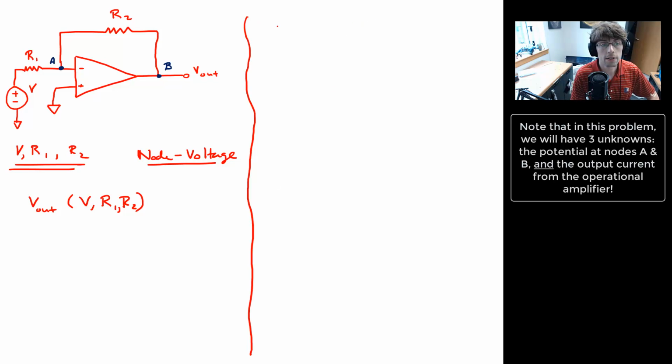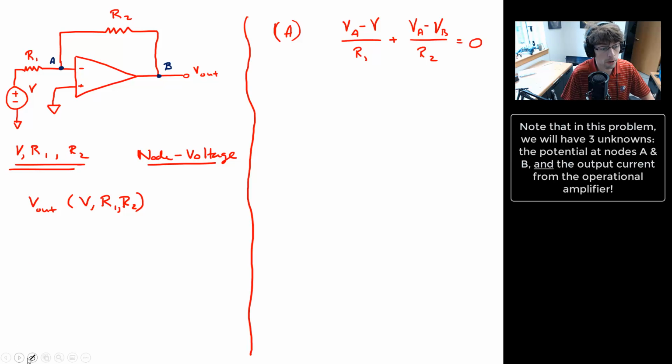Let's say for a moment that I would like to evaluate node A. So we say VA minus V over R1, right? Notice I have that potential supply here. And then what else do I have? Plus VA minus VB over R2 equals 0. Now, what allows me to do this? Remember, I assume that no current flows into the input.